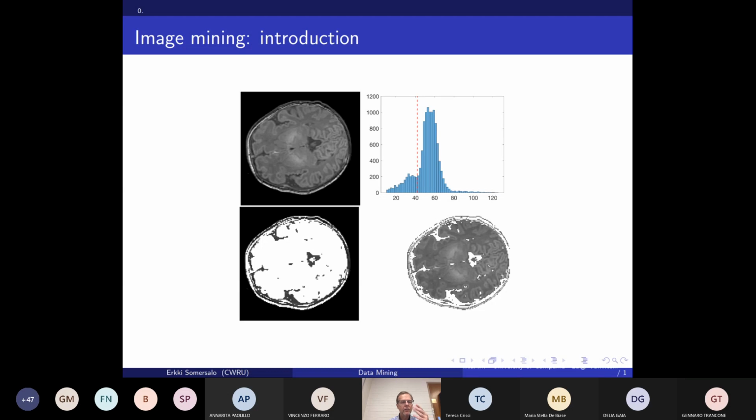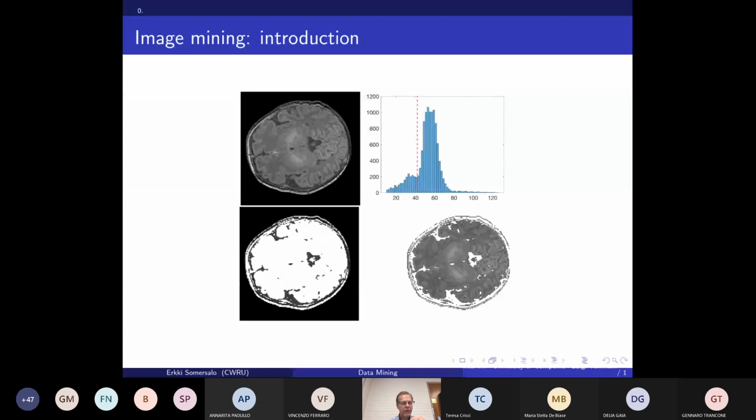If you look at another medical imaging application, MRI, magnetic resonance imaging, the situation is a little more complicated because MRI is not a quantitative imaging technology. If you take the value of the pixel, it doesn't tell you what you're looking at. It is relative to the image.